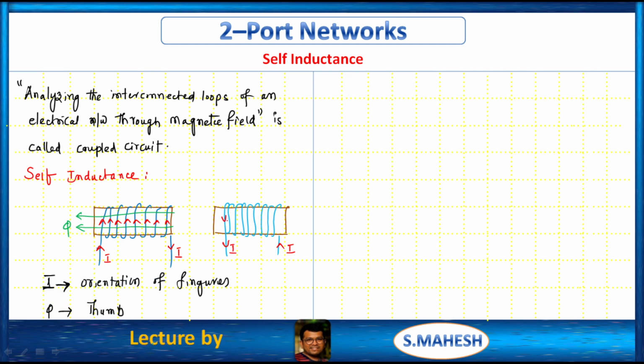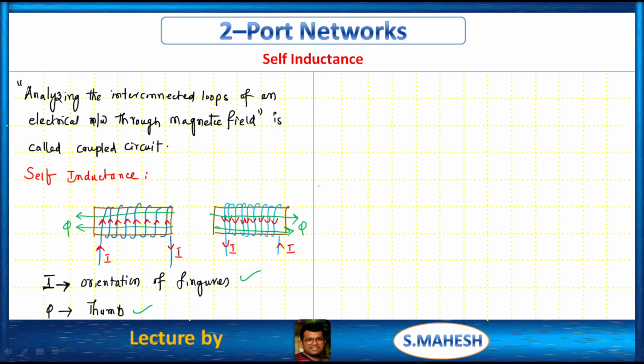Then what about the direction of the flux? In this case it is from left to right, right? So in the first case it is from right to left, but in this case it is from left to right. So current represents the orientation of fingers, and thumb represents the direction of flux, right?